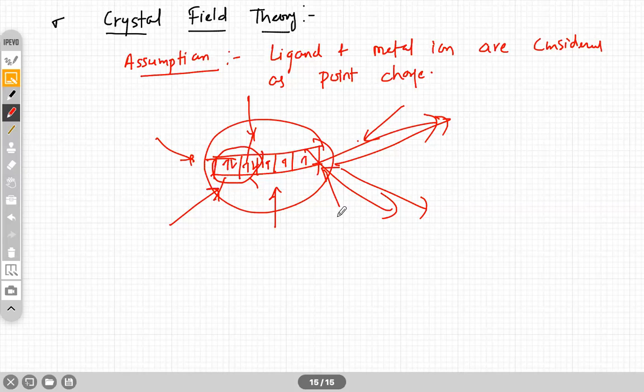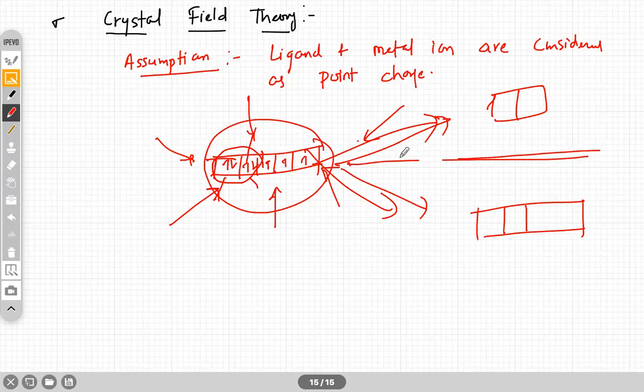In this splitting, some of the orbitals go to a higher energy level and some come down to a lower energy level, maintaining the average energy of the complex. This will increase energy by some positive value of delta O, and some negative value of delta O.